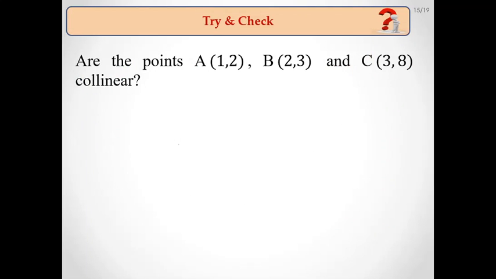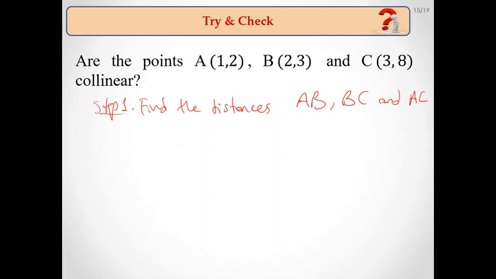Okay, let's do this try and check exercise. Are the points A, B, C collinear? We will check the distances. Step 1: find the distances, like AB, BC, and AC. Okay, let's try. AB is equal to square root of 2 minus 1 squared plus 3 minus 2 squared, which gives you square root 2.